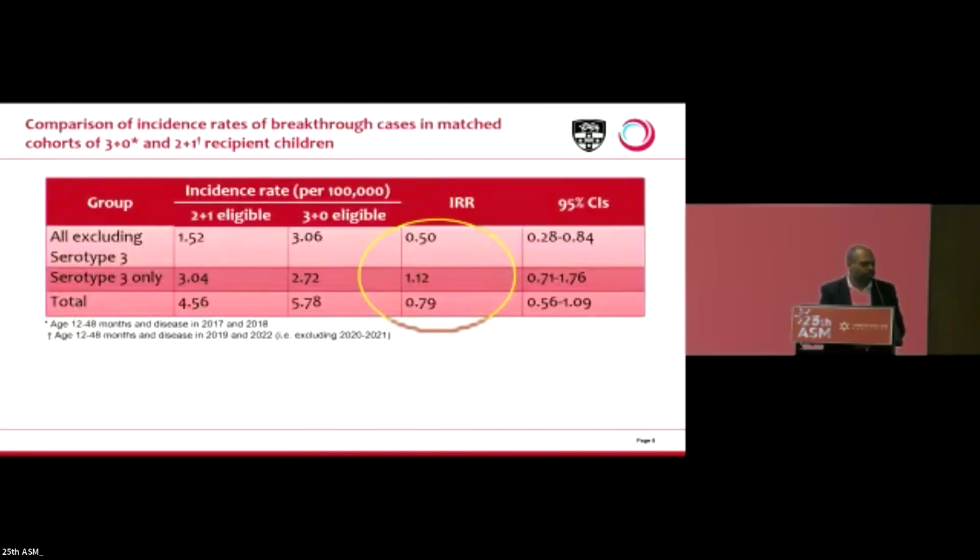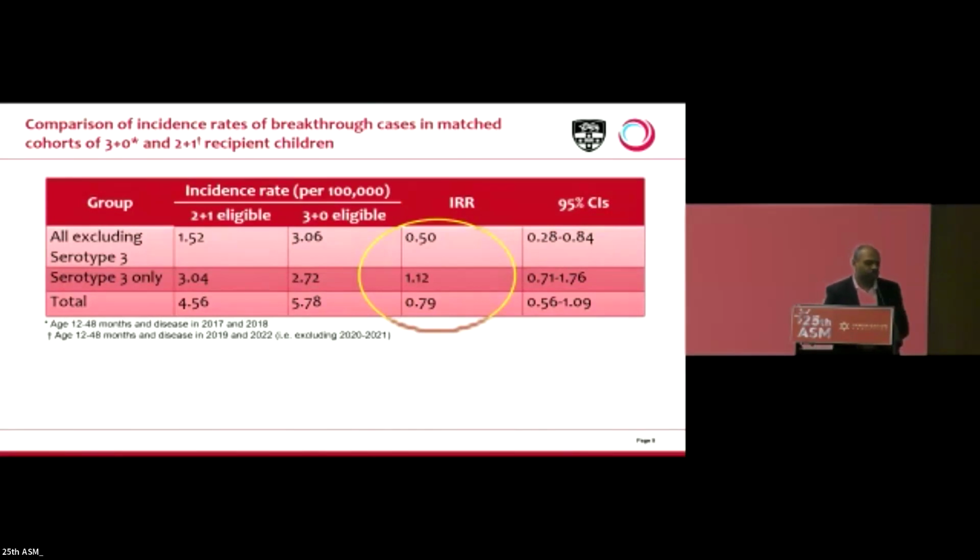So this is our analysis trying to tease out what's happened with the schedule change, removing the effect of the COVID pandemic restrictions. So here we had looked at incidence rates of breakthrough cases in a cohort of children who are eligible to receive the 2+1 schedule versus a cohort of children eligible to receive the 3+0 schedule previously.